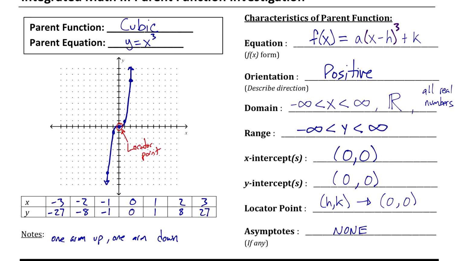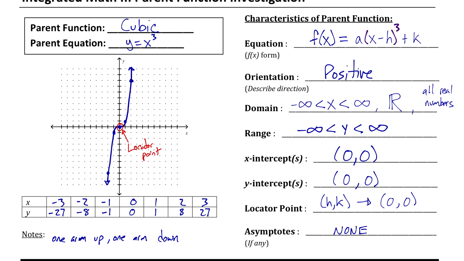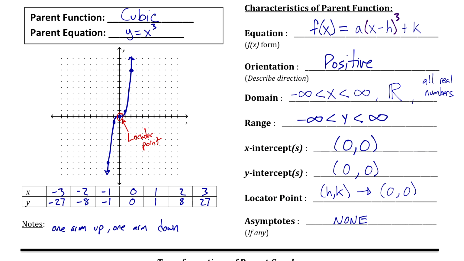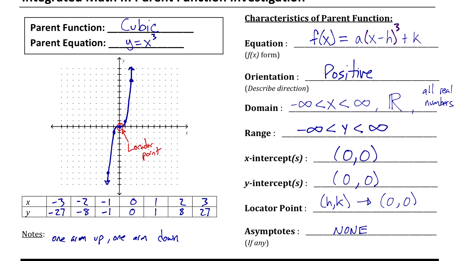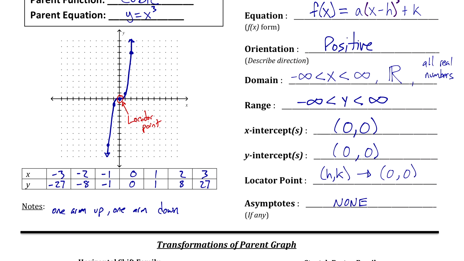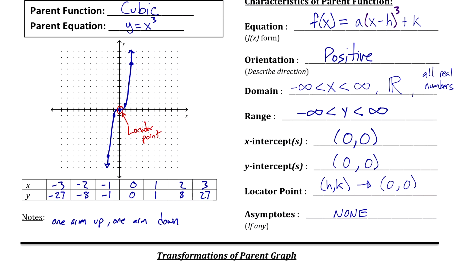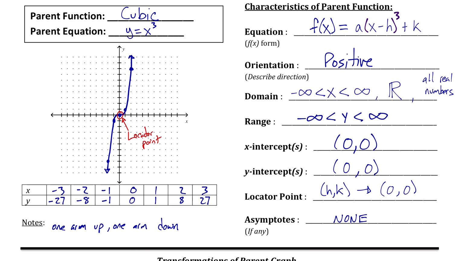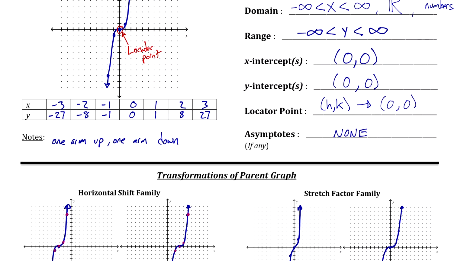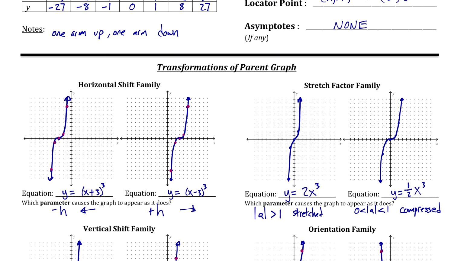All right. So that's a long explanation of this. Now I'm going to go through all this with all the functions. But before that, the whole point of this lesson is not only so you could be introduced to these parent functions, but to understand their transformations. Now I kind of summarized it, telling you that all those equations kind of look the same.